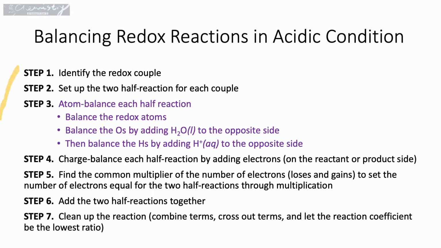As you can see over here, steps 1 through 7 are the ones that we use in general conditions. The only thing that is different when we are doing acidic conditions is step number 3, where we have to balance differently according to the protons and the number of oxygens. And again, this is best demonstrated by looking over examples, so please make sure to follow through the examples.